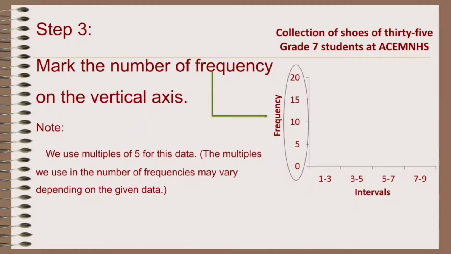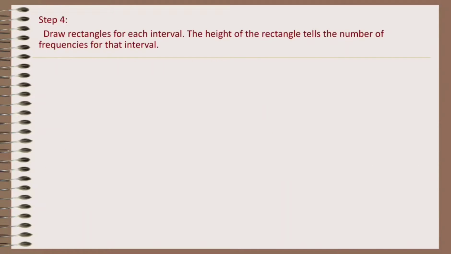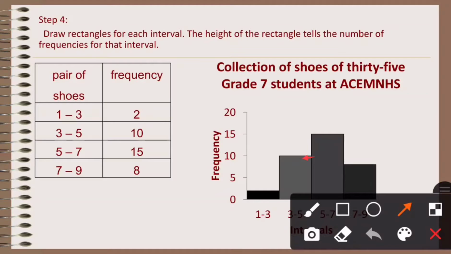Okay, so now, after having this table, next is to draw rectangles for each interval. The height of the rectangle tells the number of frequency for that interval. 10. Then we have 5 to 7, it must be in 15.